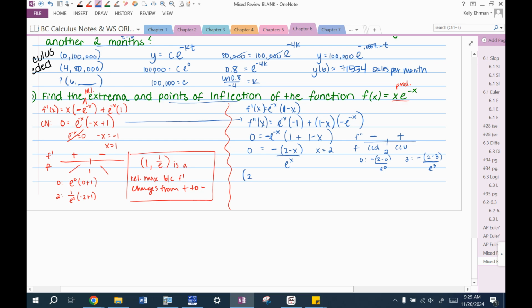So when I plug in 2, I get 2 times e to the negative 2, or 2 over e squared. So 2 over e squared is a point of inflection because f double prime, you can just say changes signs. It doesn't matter whether it's positive to negative or vice versa.